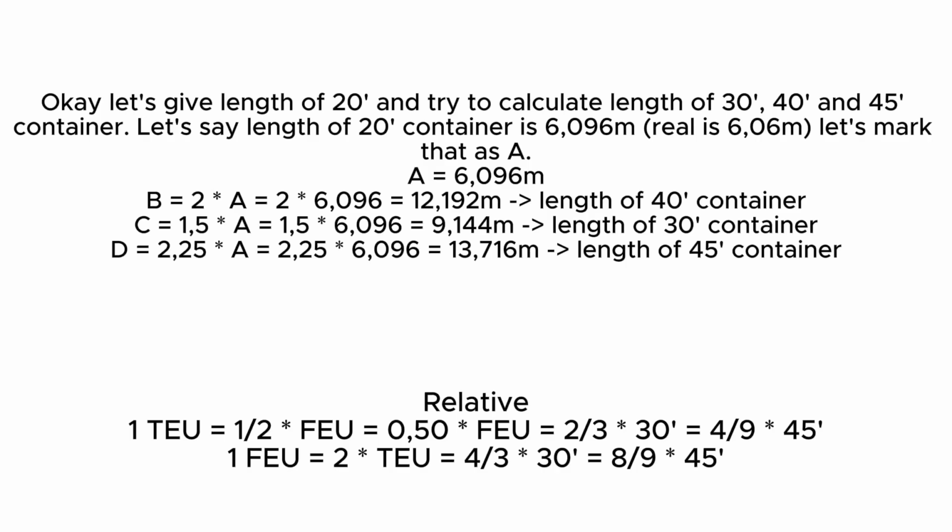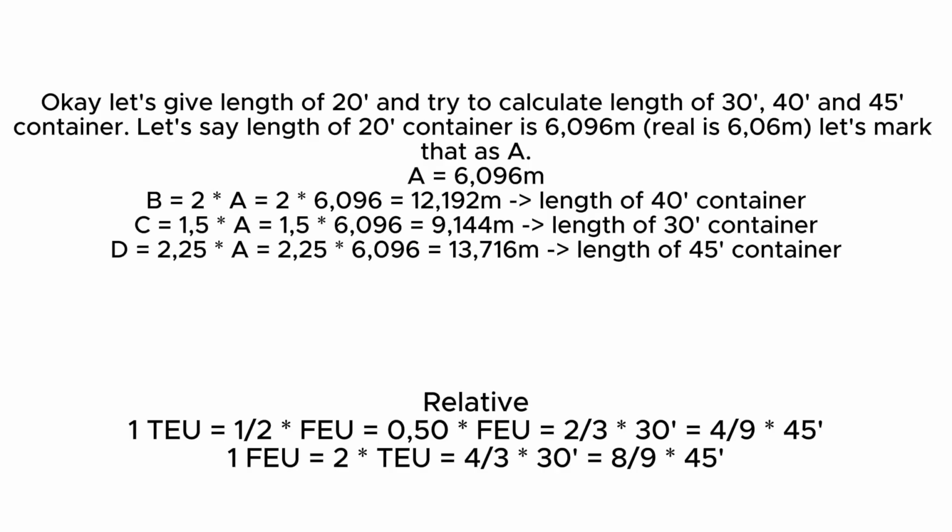C is 1.5 times A, 1.5 times 6.096 meters, and that's equal to 9.144 meters, that's the length of 30-foot container. D is equal to 2.25 times A, that's equal to 2.25 times 6.096 meters, and it's equal to 13.716 meters, that's length of 45-foot container.